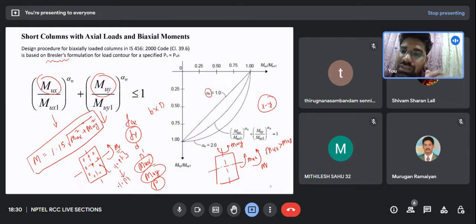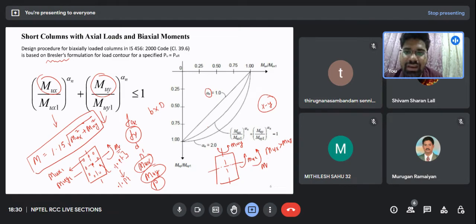Now based upon the percentage of steel which is provided, I will be finding mu x1 and mu y1. I hope I was clear. Mu x and mu y are the external moments which are given in the question. Mu x1 and mu y1 are the capacities which I will be finding by using this approximation method.